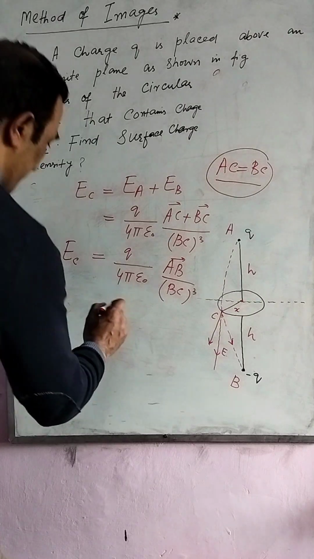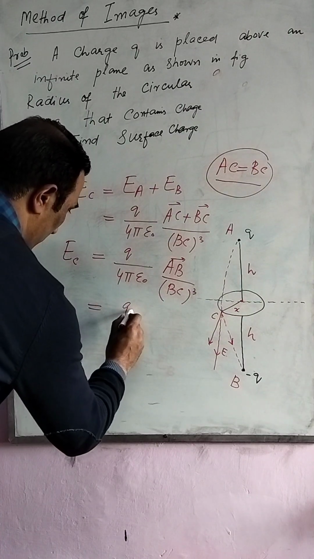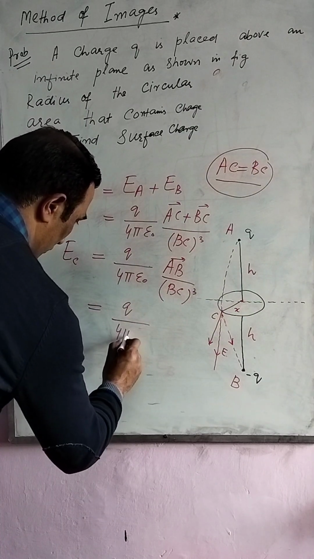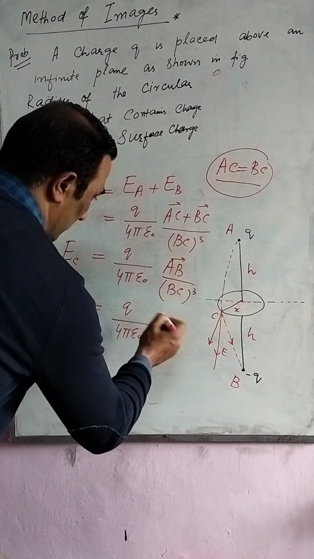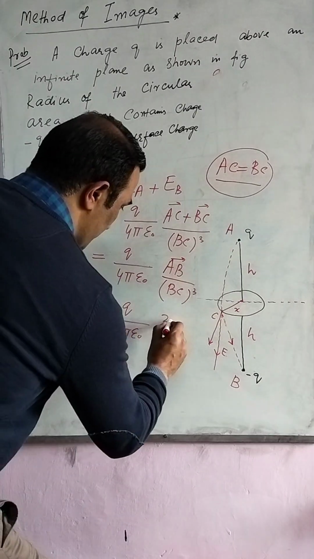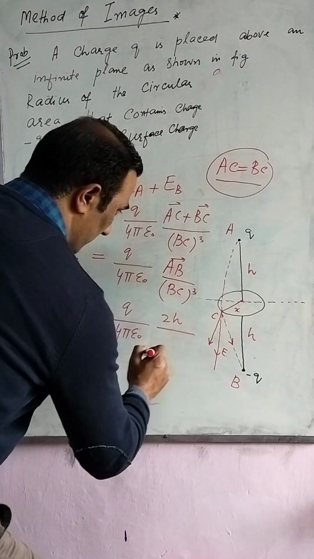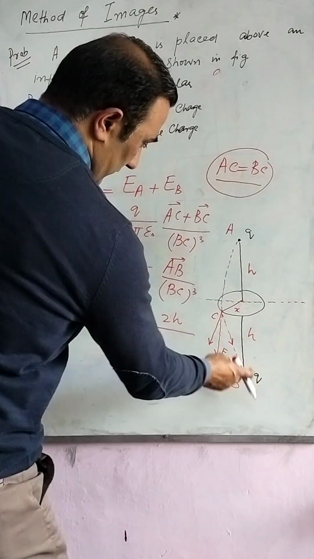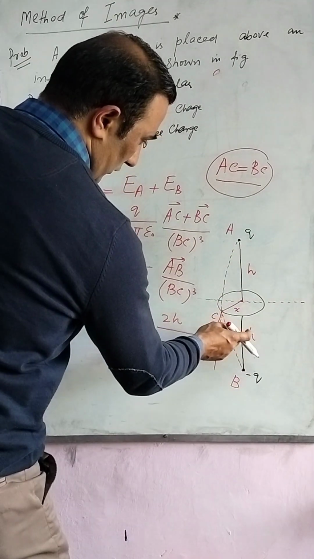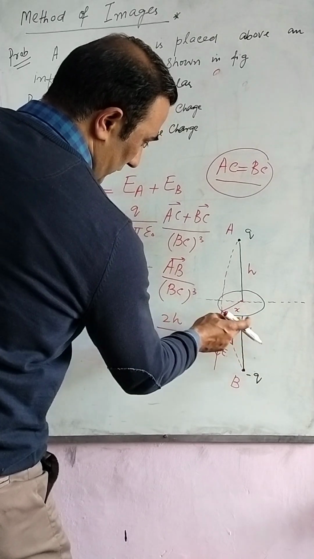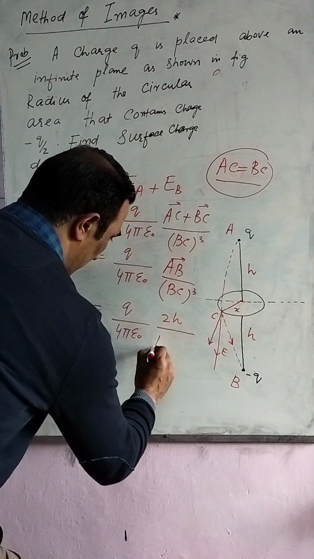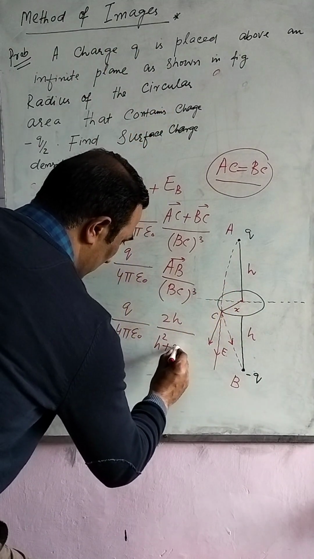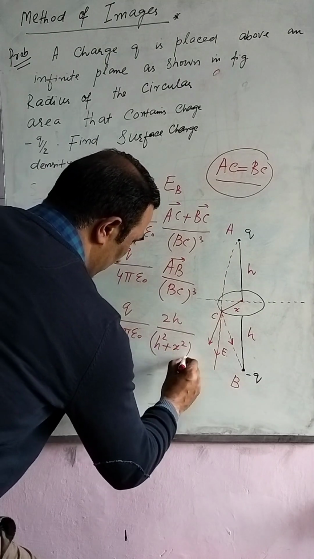Or you can rewrite this as Q upon 4 pi epsilon naught. And what's AB? That will be 2H upon BC cube, and using that, this will be (H square plus X square) raised to power 3 by 2. Why?